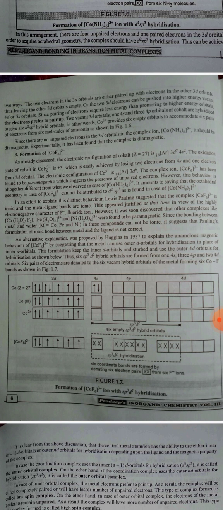Thus, six sp³d² hybrid orbitals are formed from one 4s, three 4p and two 4d orbitals. Six pairs of electrons are donated to the six vacant hybrid orbitals of the metal, forming Co-F bonds.